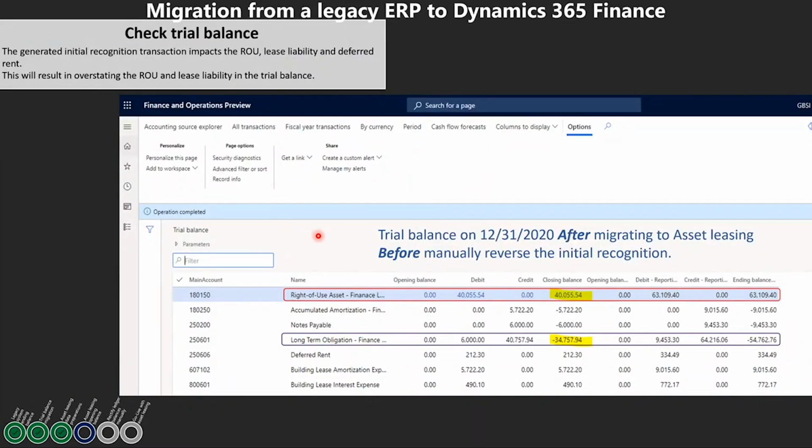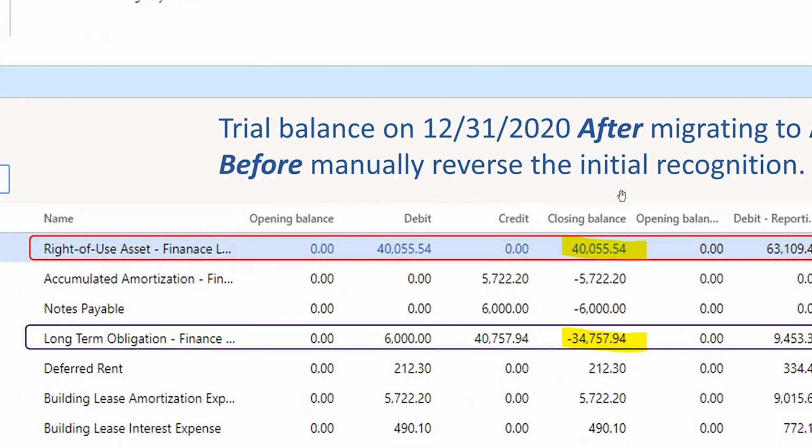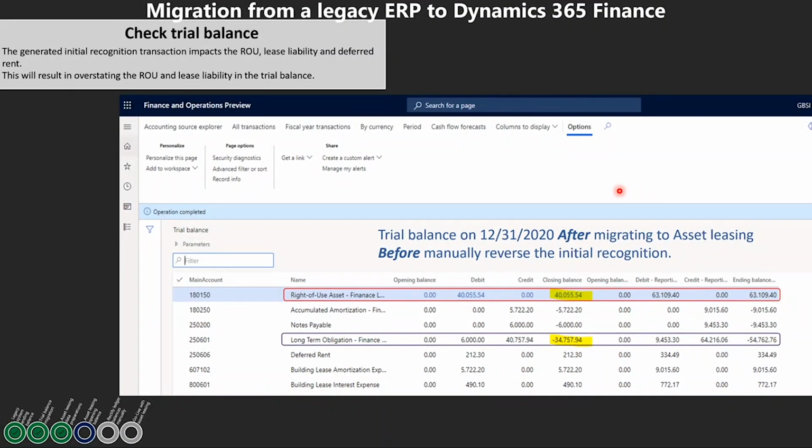At this very moment, if we print a trial balance from Dynamics 365 Finance, we will see the right of use asset and the liability are doubled. This is because we have the balances posted two times, one time from the GL and the other time from asset leasing.